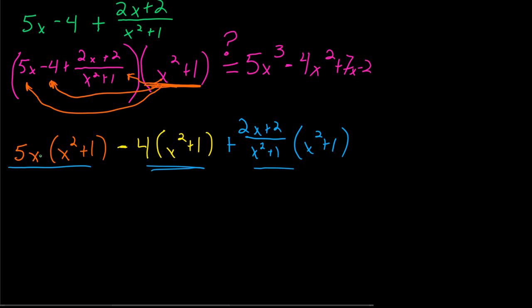So 5x times x squared is 5x cubed. And 5x times 1 is 5x. Negative 4 times x squared is negative 4x squared.